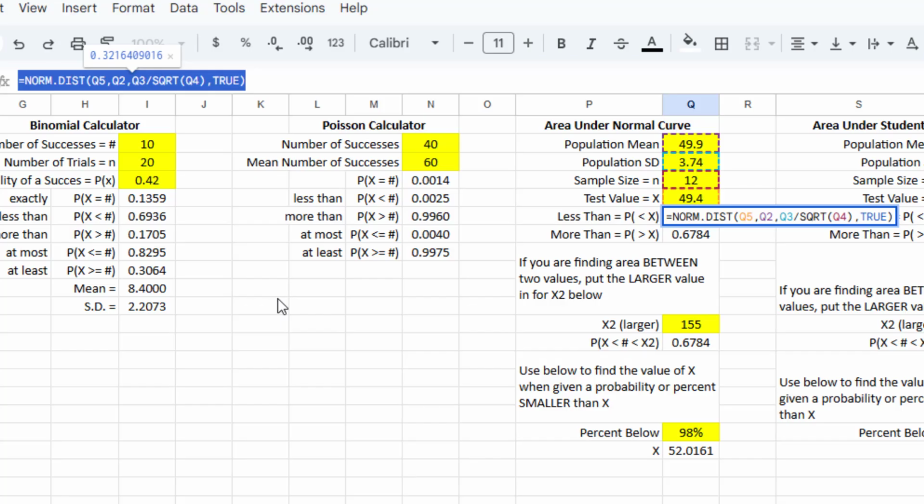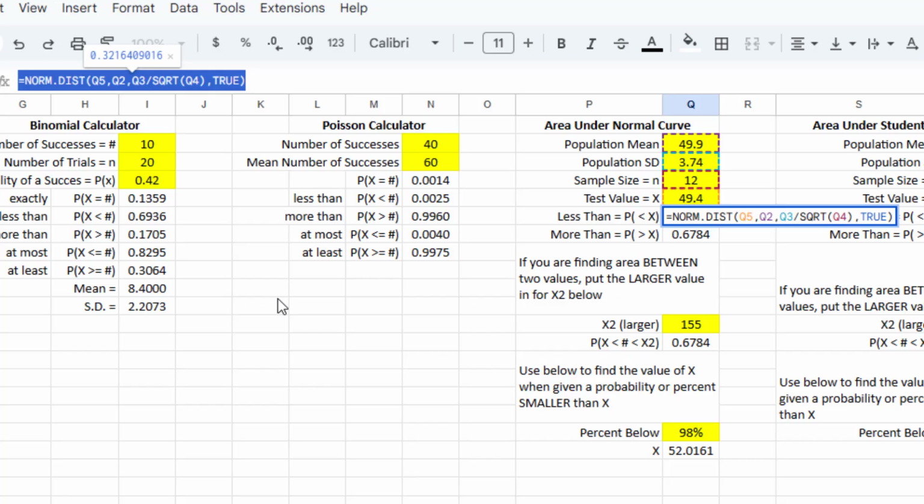So that's why we defined the third piece where the function wants to know what the sampling distribution standard deviation is. It's going to be Q3 divided by the square root of Q4, because Q3 is the population standard deviation and Q4 is our sample size. And then the last thing we give it is just like the other ones, the true or the false.